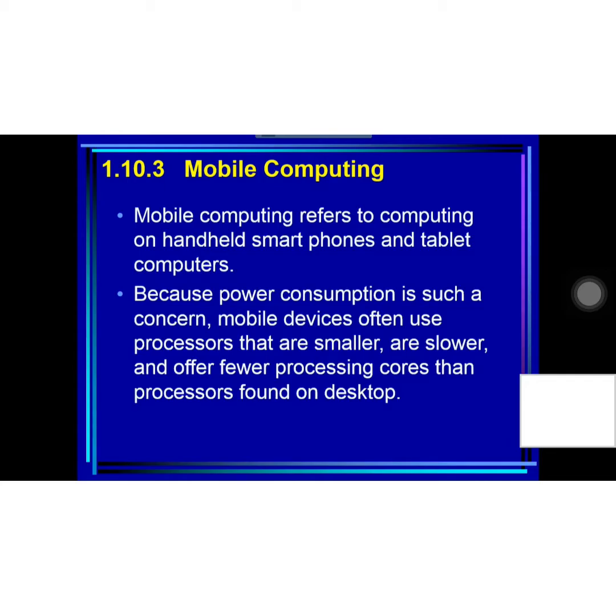Because power consumption is such a concern, mobile devices often use processors that are smaller, are slower, and offer fewer processing cores than processors found on desktops.